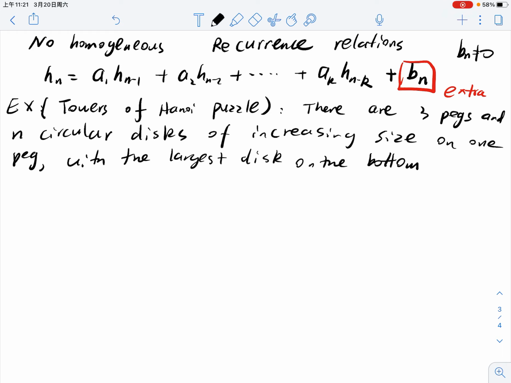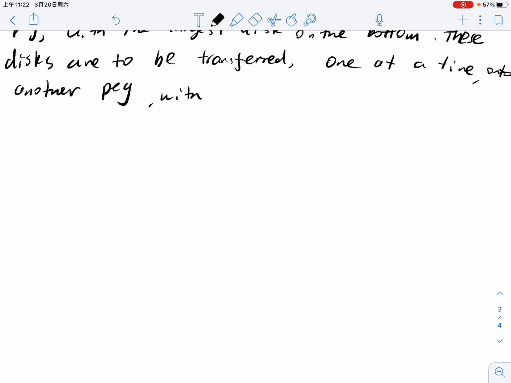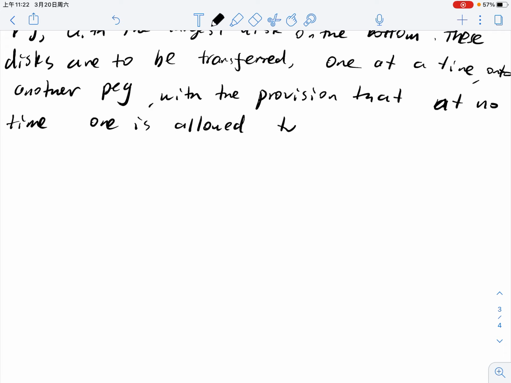So the larger ones are on the bottom, and these discs are to be transferred one at a time onto another peg, with a provision that at no time one is allowed to place a larger disc on top of a smaller one.